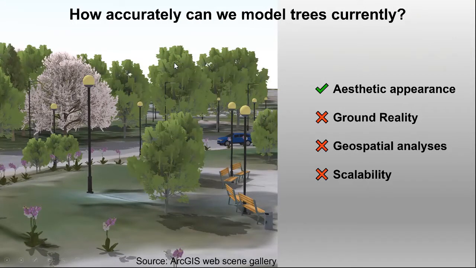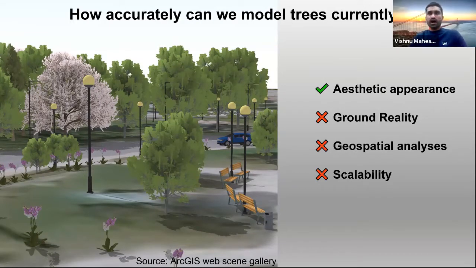Okay, so let's talk about the current status of tools that model 3D trees. This is a snapshot from a web scene. They actually look really good, but the problem is that they do not represent ground reality. For example, the oak tree that you see here is manually placed by a designer.